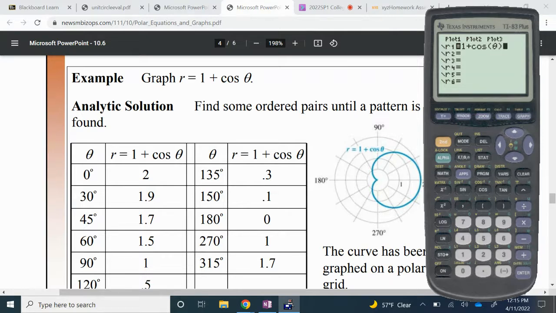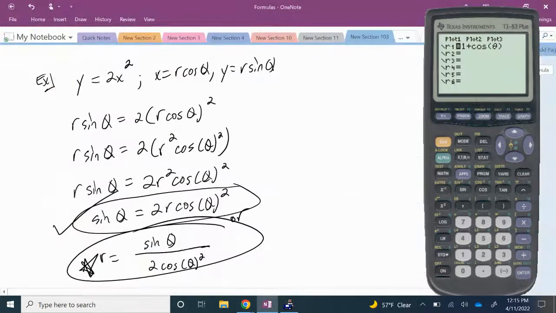Now, when you graph, you're going to see me toggle between these things. My screen appears to be freezing again.